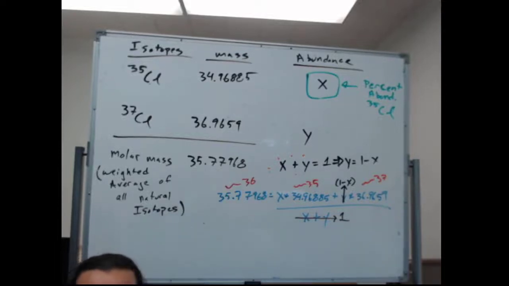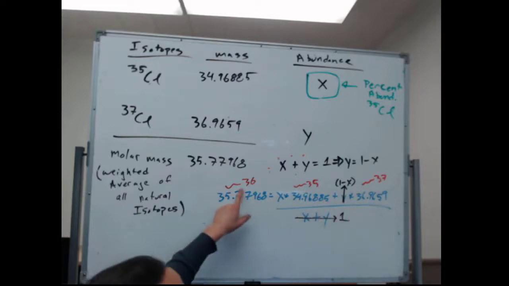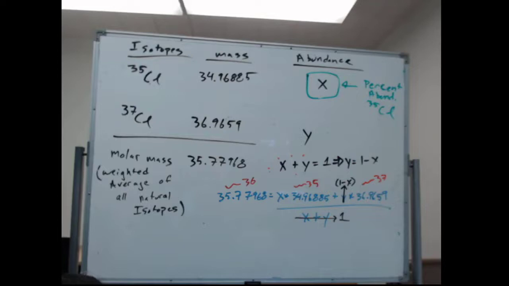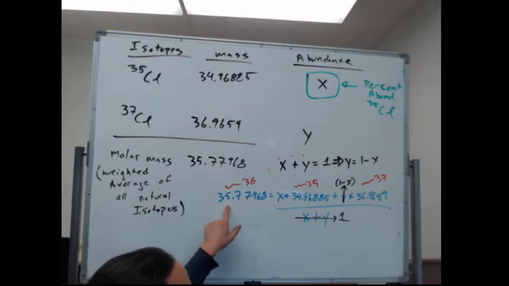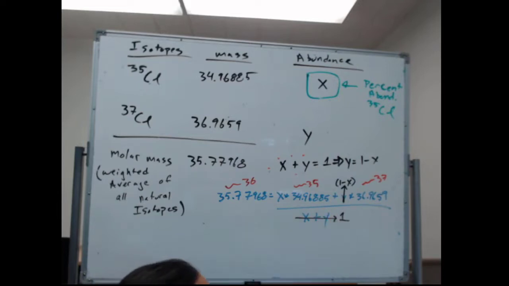So even though I said it's not a perfect 50-50 mixture, it's actually almost, right? 35, 37, 36 is directly between 35 and 37. So I'm expecting something that's pretty close to a 50-50 mixture. It's not going to be exactly 50-50 because this is a little bit less than 36. They're all a little bit less. So it should be something around that range.